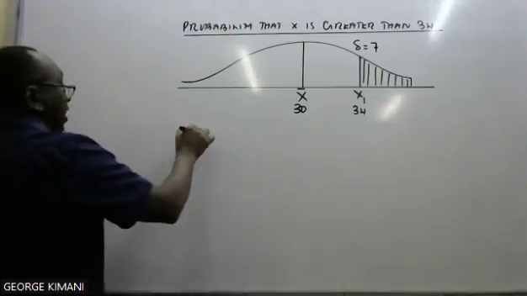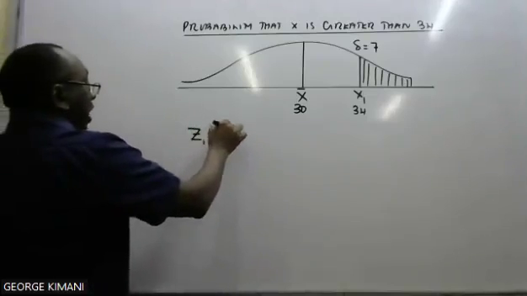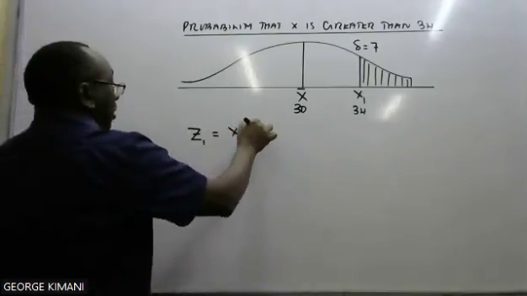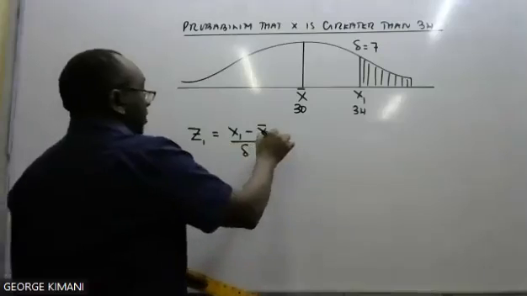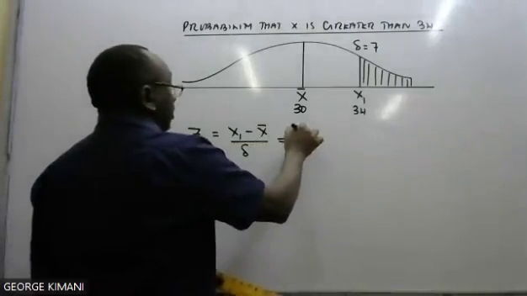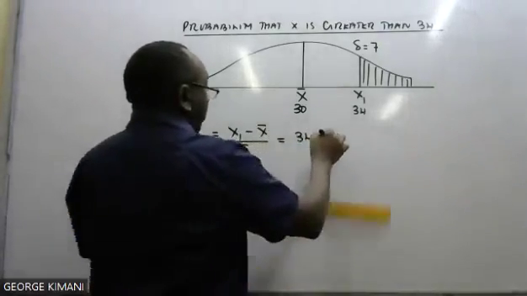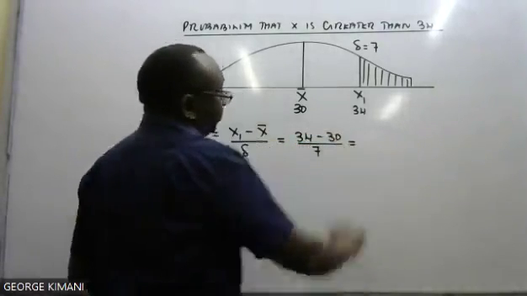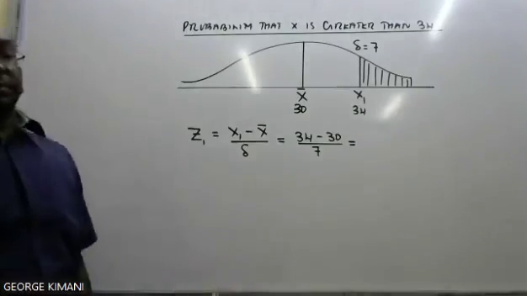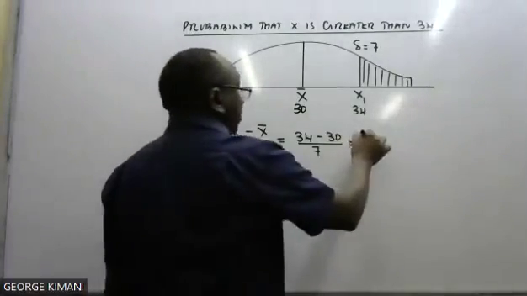So our Z1 will be X1 minus X bar divided by standard deviation. So this is 34 minus 30 divided by 7. 0.57.